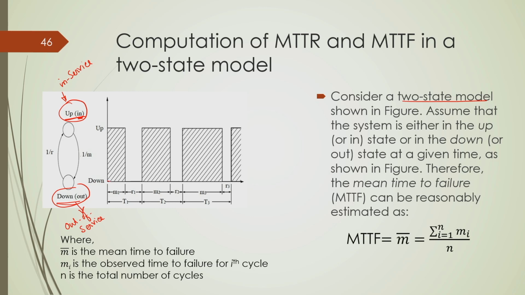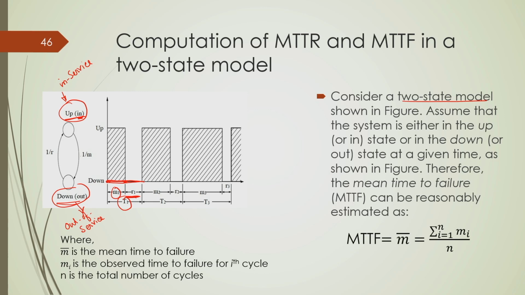So, during this period of time it is operated successfully or satisfactorily, then it undergoes some fault or some requirement of maintenance, and this is the period where maintenance is done, represented by small r. Okay. Starting from this point to that point, it creates one particular cycle, represented by capital T1.